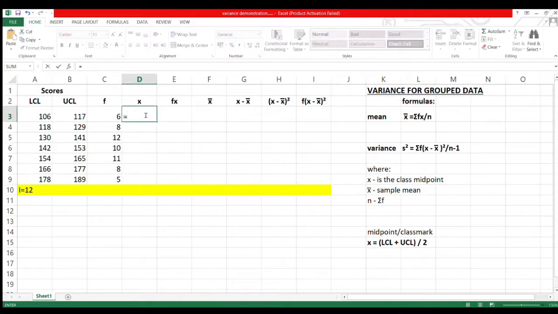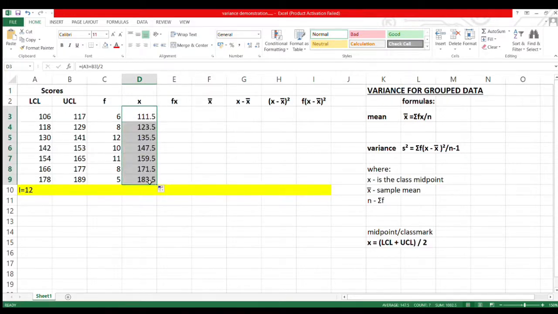That is the lower class limit 106 plus the upper class limit 117, divided by 2, so we get 111.5 as our class mark. Because we are using Excel, we simply drag 111.5 going down to get the preceding class marks.